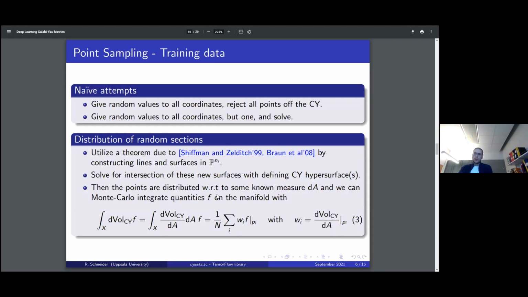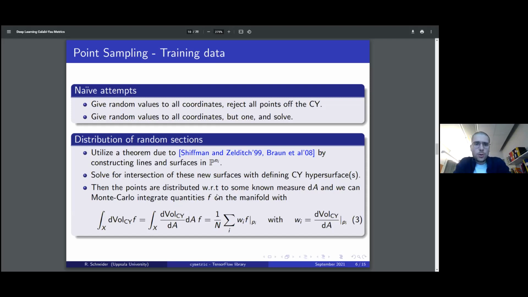What we can do is employ a theorem by Shiffman and Zelditch, which then has been generalized later on by Braun and others to products of complex projective spaces. This theorem is a bit more involved, and I don't think I will have the time to go through all the details of it, but I'll try to sketch it a little bit.